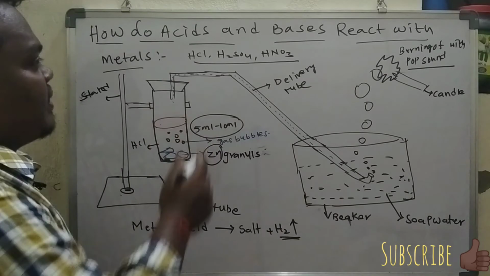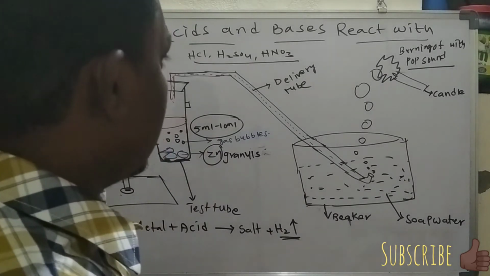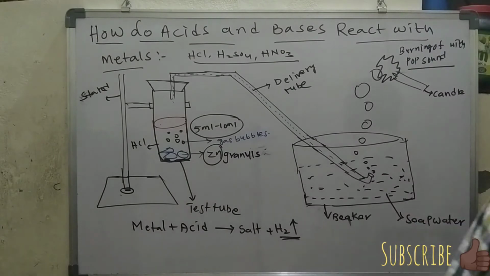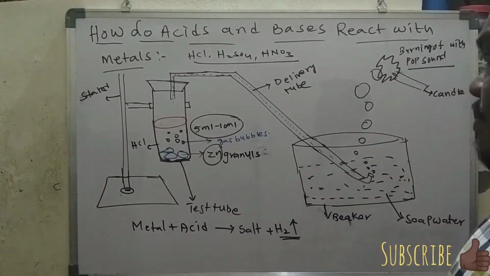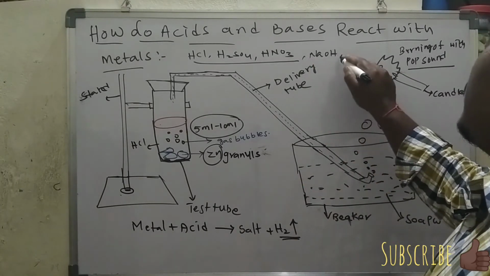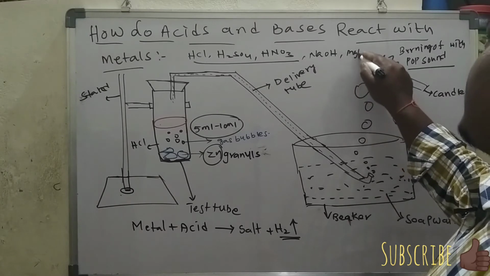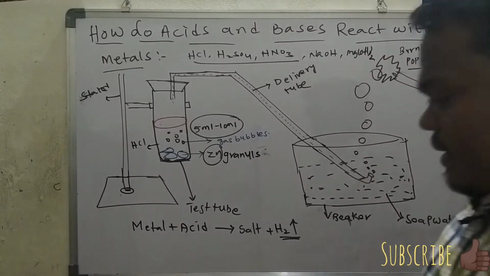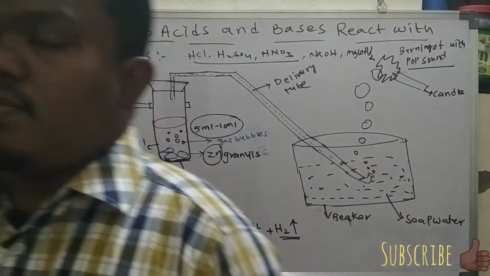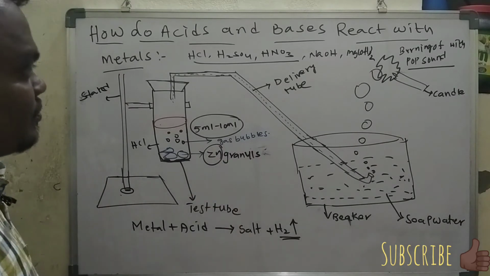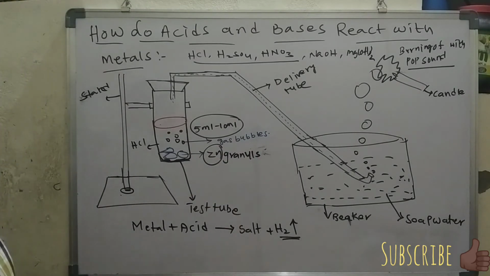Not only metals with acids, but bases also give the same reaction. When bases like NaOH, Mg(OH)2, or whatever base is available in the laboratory react with metals, we get salt and hydrogen gas.